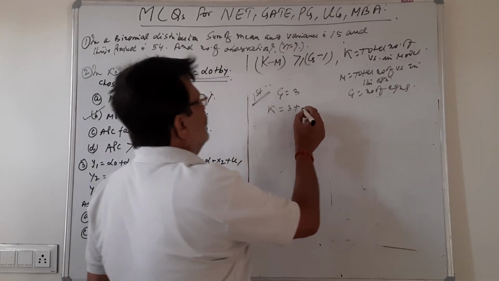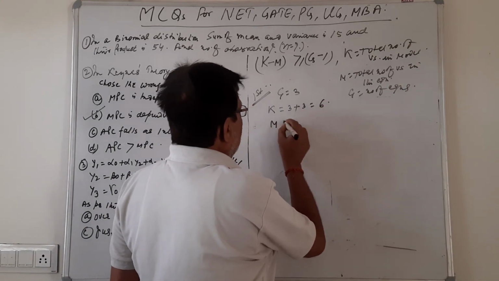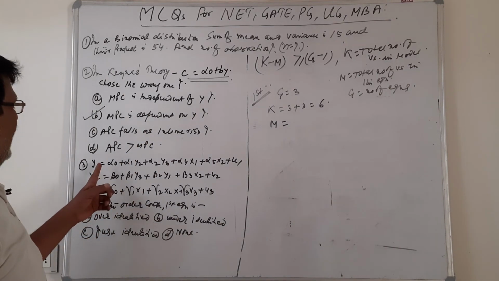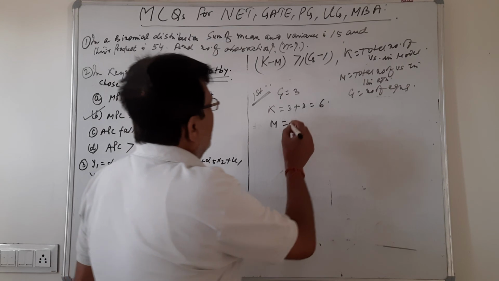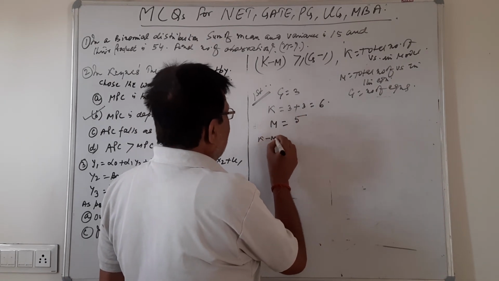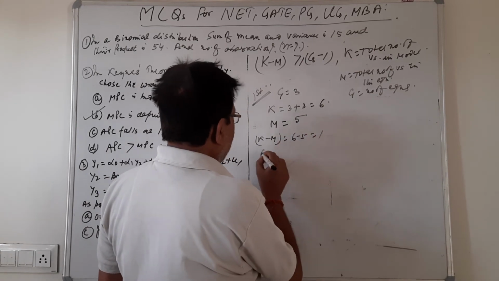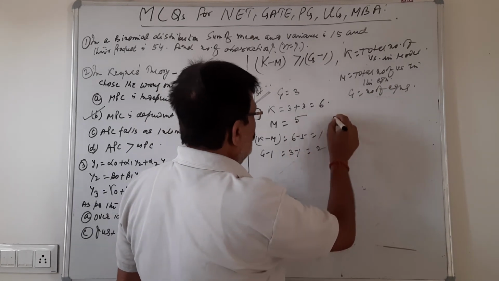So 3 are the exogenous variables. So K is 6, and the equation to be identified, equation number 1, has 1, 2, 3, 4 and 5. So in equation number 1, number of variables is 5. So here K minus M, 6 minus 5, is 1, and G minus 1, 3 minus 1, is 2.